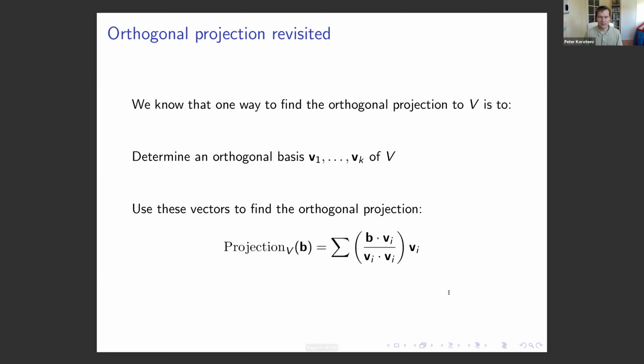As we discussed in previous videos, to find a projection of b onto the space V, you find the projection of b on each of the basis vectors vi, and then take the sum. The individual projection looks like this: we take the dot product of b with vi and divide by the length of vi squared.